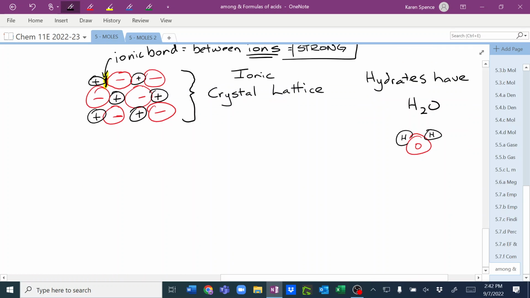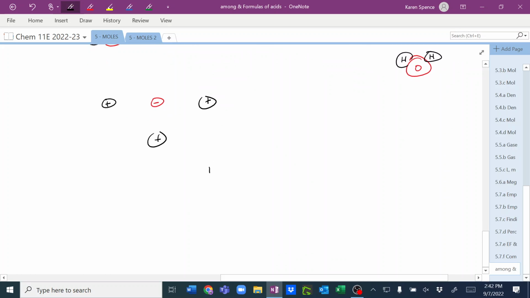I'm going to redraw our crystal lattice with some space in it. So these are strong ionic bonds.